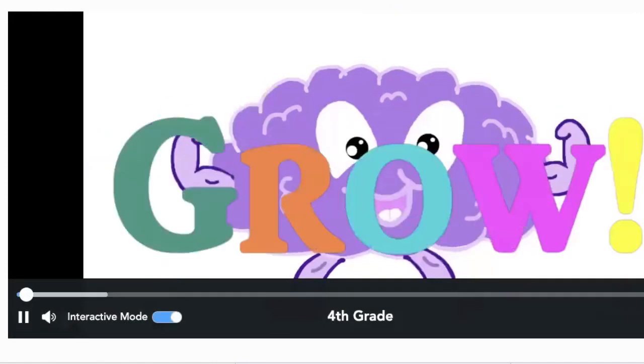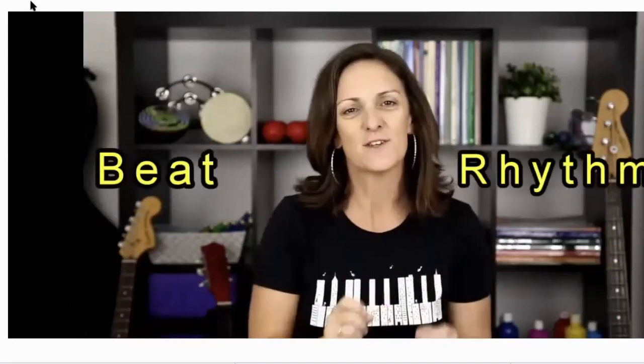Step and Grow. Hi everyone. Today we're looking at beat and rhythm. Sometimes people use the word beat when they mean rhythm, and sometimes people use the word rhythm when they mean beat, but they're two very different things. Let's start with beat.